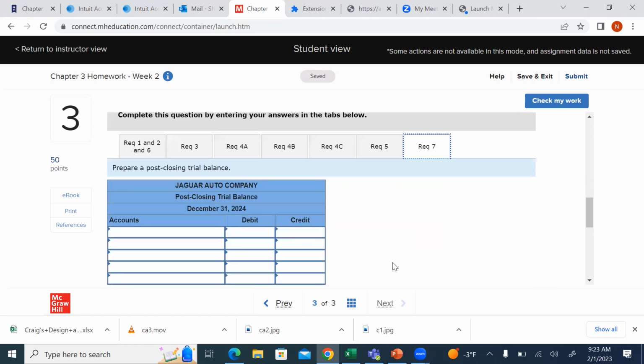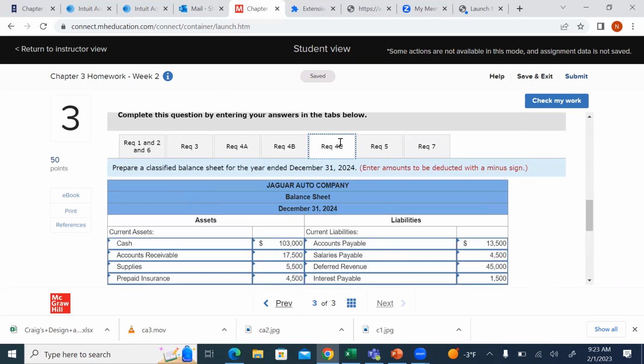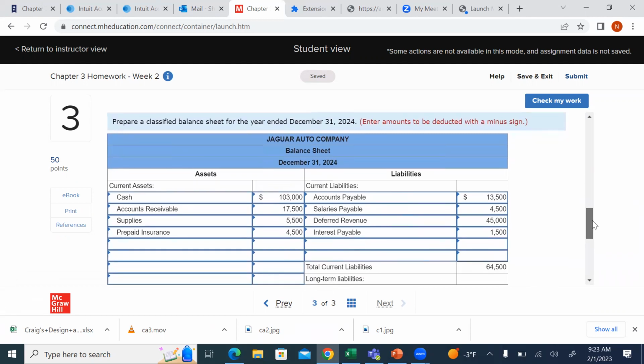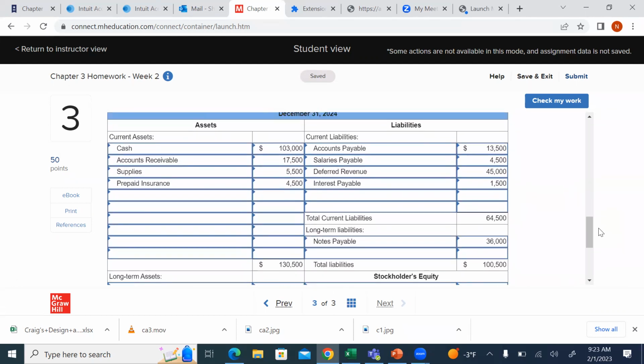Now the post-closing trial balance will only consist of all your balance sheet items. So would you please take a picture of that? So the post-closing trial balance, there are no revenue accounts left, no expense accounts, and the dividends are zeroed out.